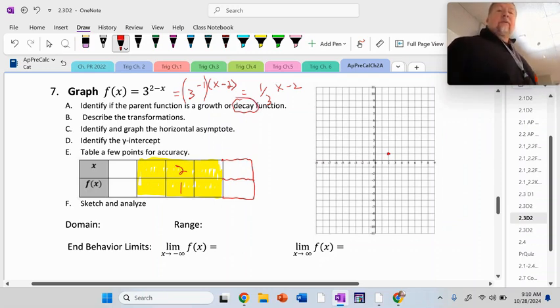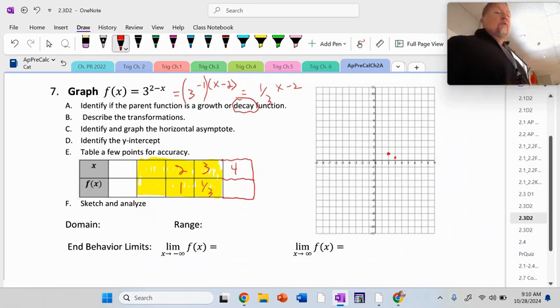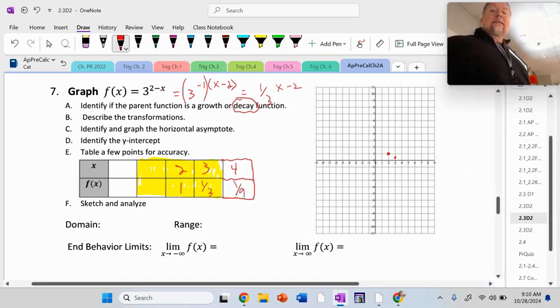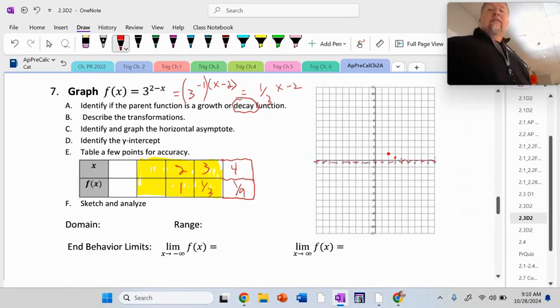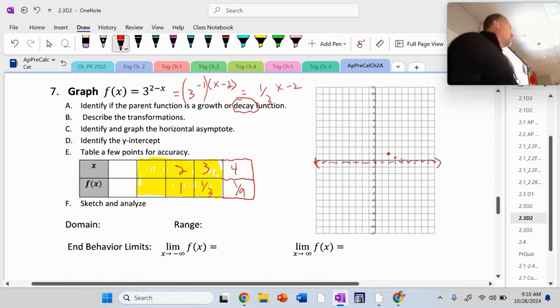I'll prove it. Plug in 3 and 4. 2 minus 3 is -1. 3 to the negative first is 1/3. There it is, I'm already approaching 0. 2 minus 4 is -2. That's 3 to the negative second, which is 1/3 to the second. Oh, man, you're already getting really, really small, but you will never get to 0. Ever. No matter what you plug in.